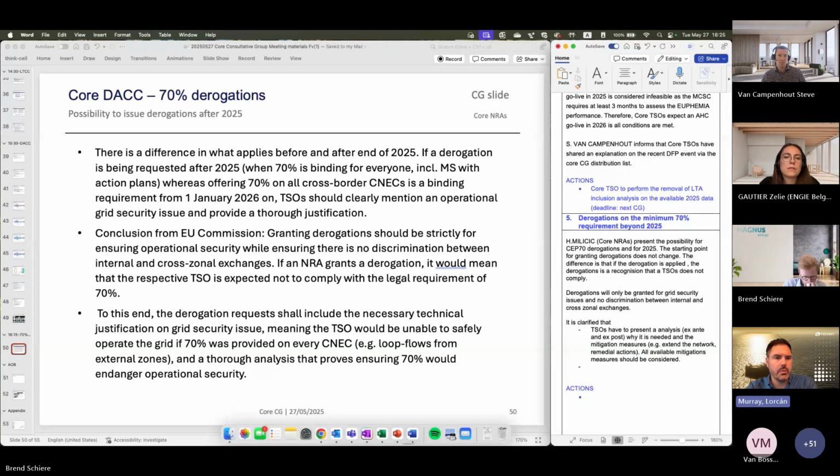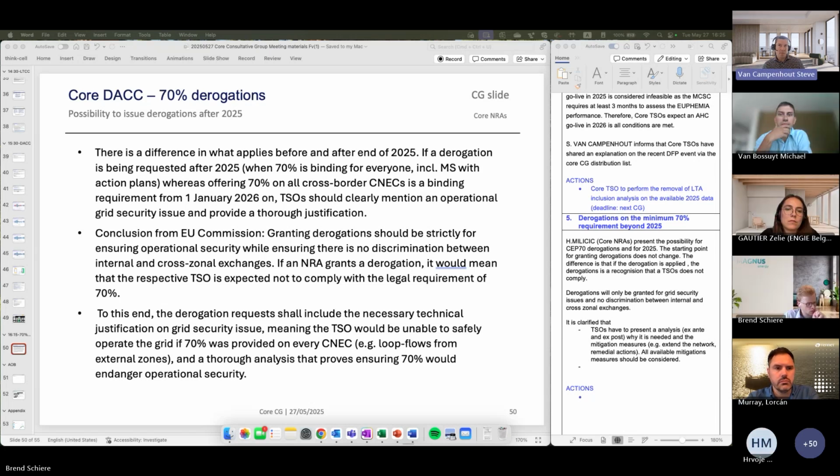Thanks very much. Does anybody want to comment back on that? Steve? Yes. It's good that you make the link with build, split, and pay, because depending on what is driving the congestions and operational security concern, not every one of these three measures can be applied by every TSO.